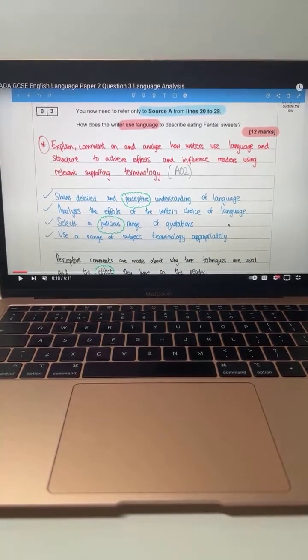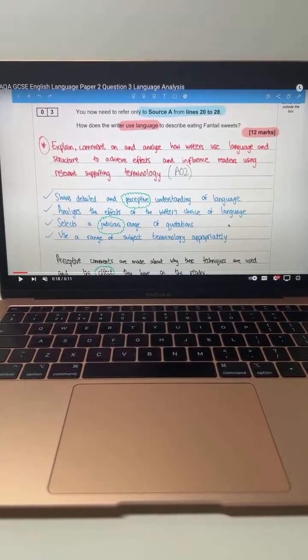What do we mean by perceptive in simple terms? Perceptive means you look at the explicit and also the implicit. So you look at the obvious things and the not so obvious things. Being perceptive is thinking outside the box and looking at why the writer has used these particular words. There's a reason why they use it.